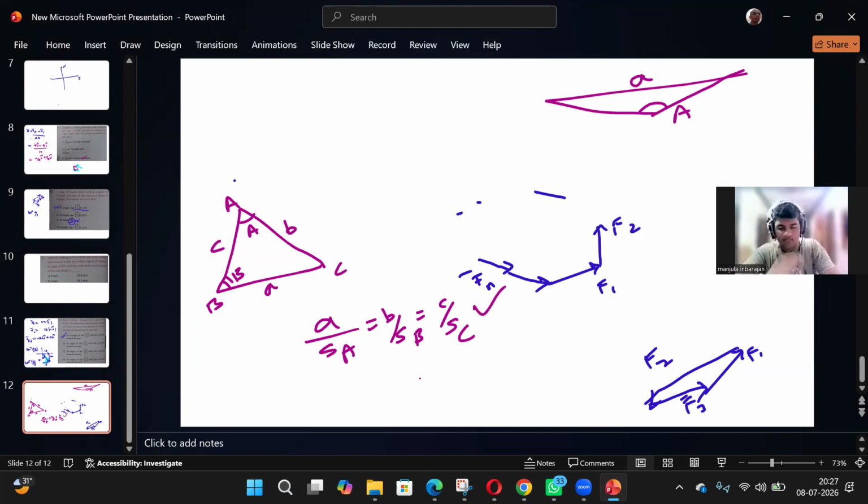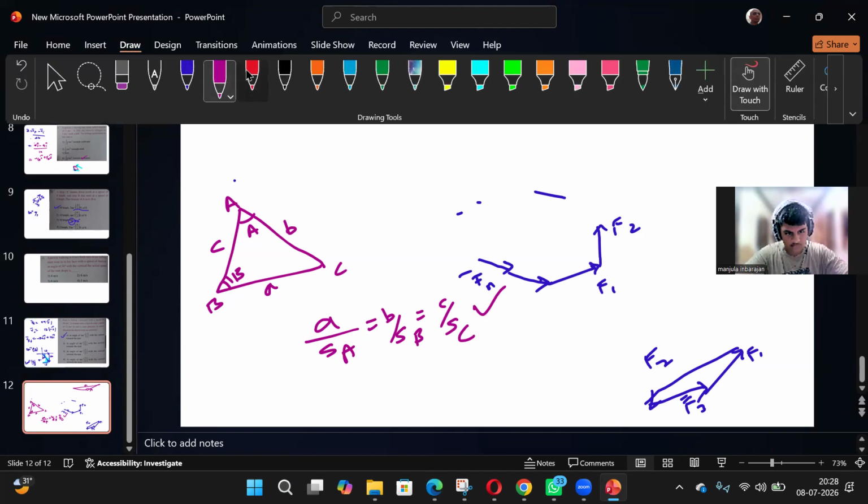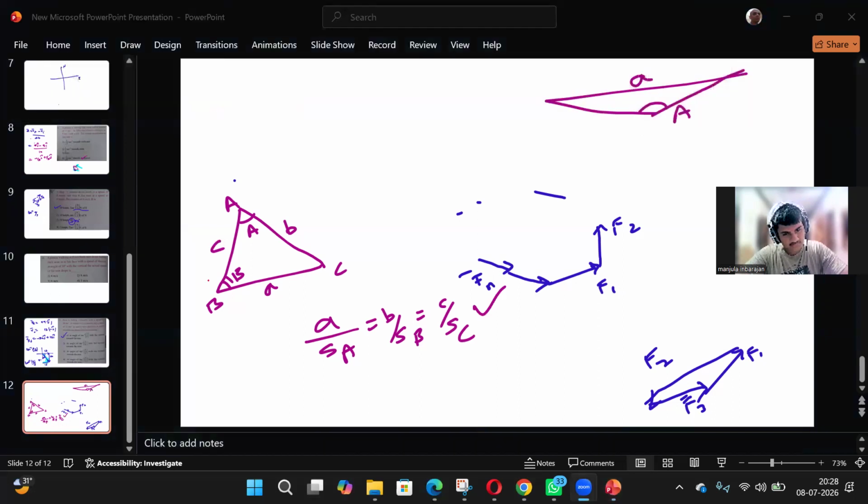So this relation is actually Lami's theorem. Because this angle A, I can also give, if I put the direction, this is the first force, right? So this is F1 and this is F2. F2 will have a side length of this one.